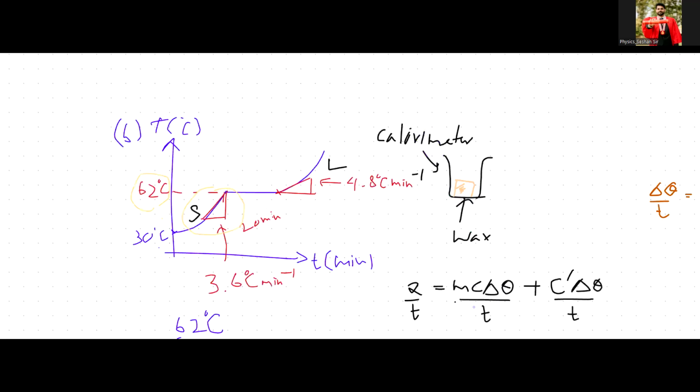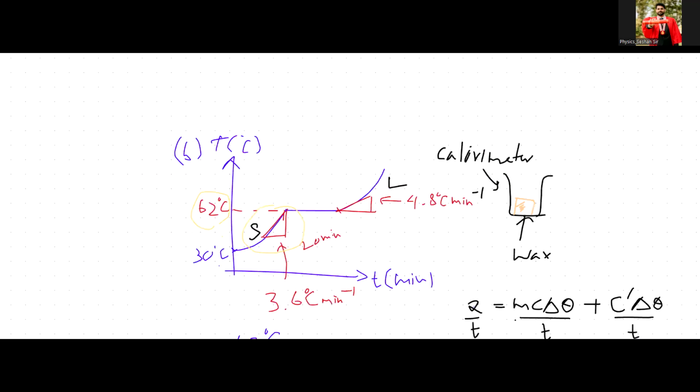Now what happened? It increased the temperature up to some level, then again it stayed at a constant temperature. So why did it again come to a constant temperature now? Here I have to erase this. Now look at this one very carefully.